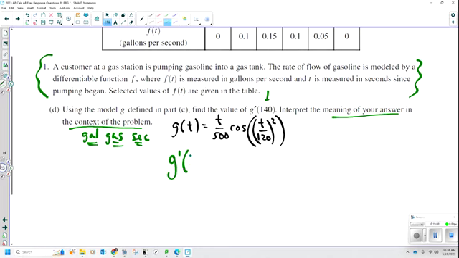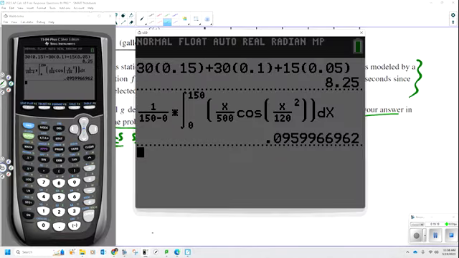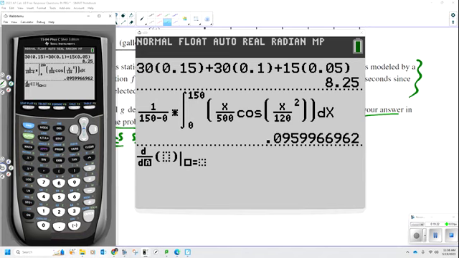All right, so first of all, G prime of 140. Let's find the value of that. If I go to math 8, I'm going to take the derivative of my equation, G of t, which is x over 500 times the cosine.